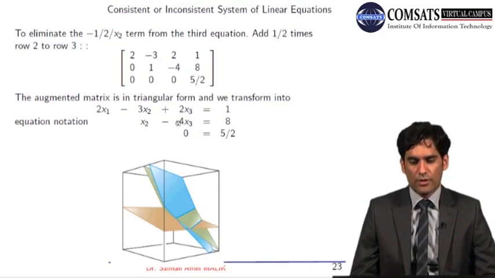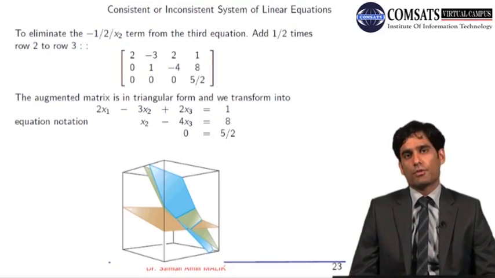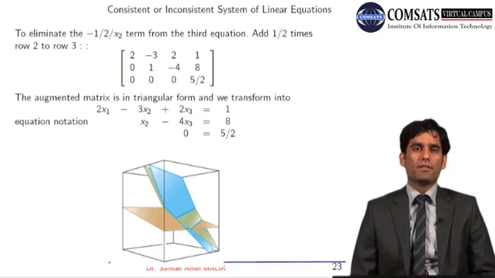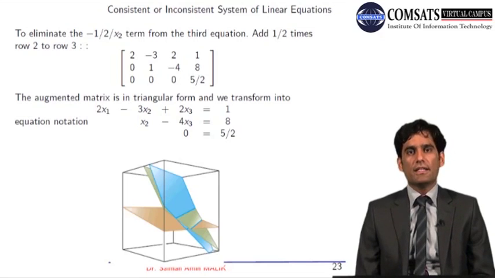So ultimately I have 0 equals 5 by 2. What about this one, 0 equals 5 by 2? Is it true? Of course it is false. So this is absurd. Everybody knows that 0 is not equal to 5 by 2.